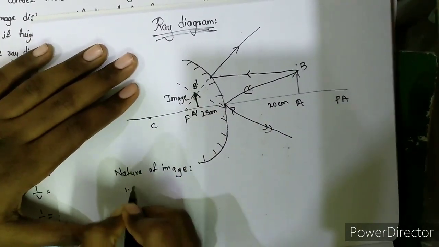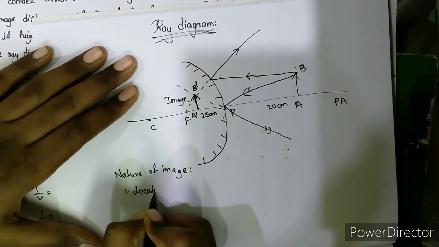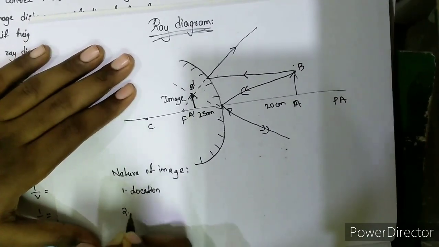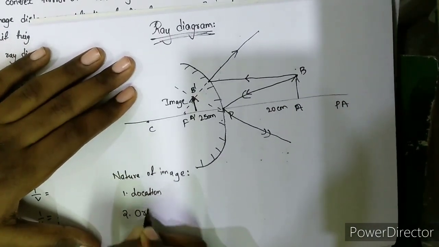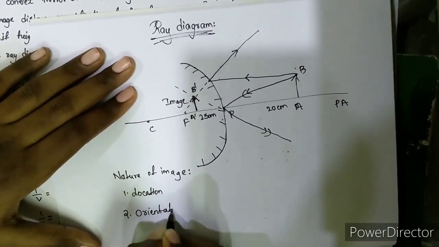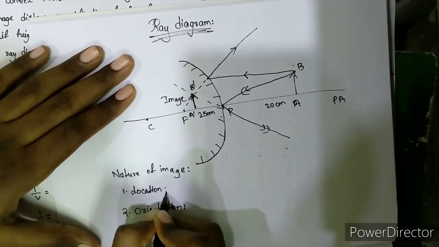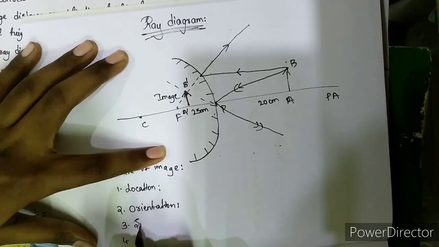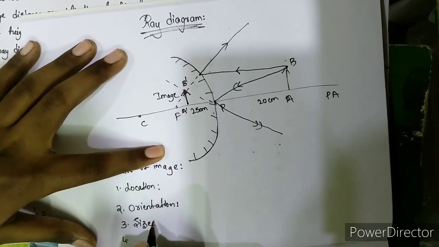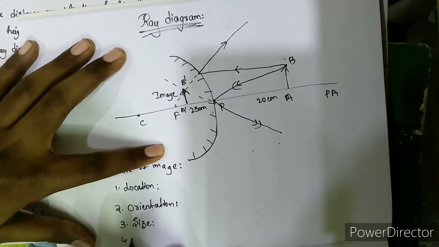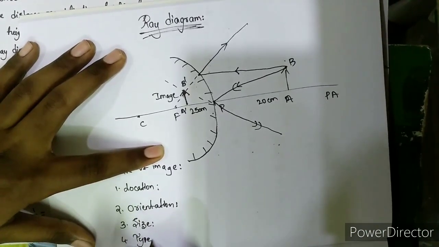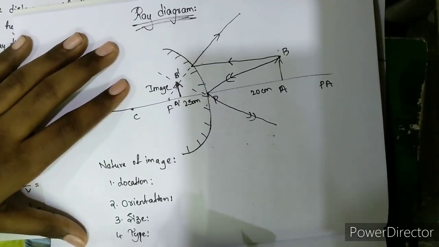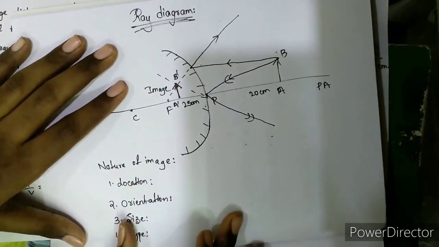They are: number 1, location; number 2, orientation; number 3, size; and number 4, type. These are the 4 characteristics of an image. Now we have to write about these in detail.